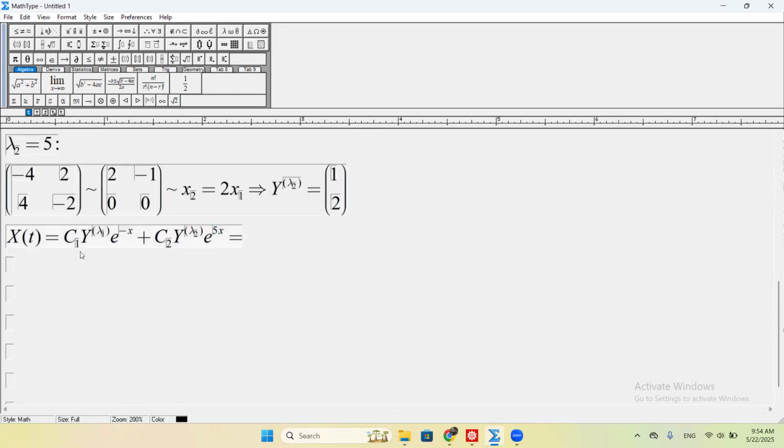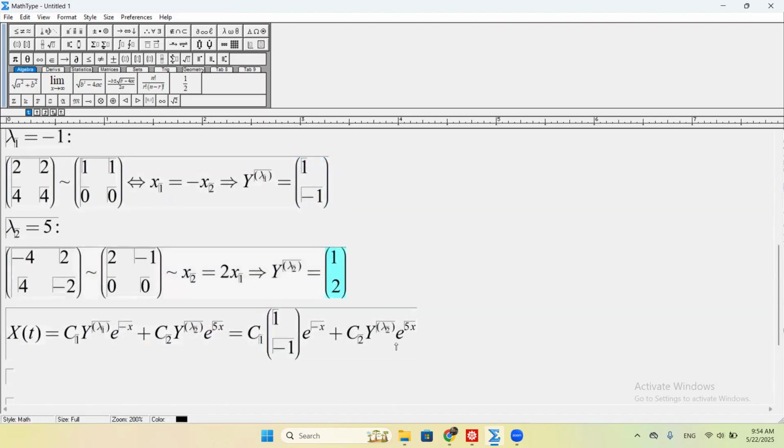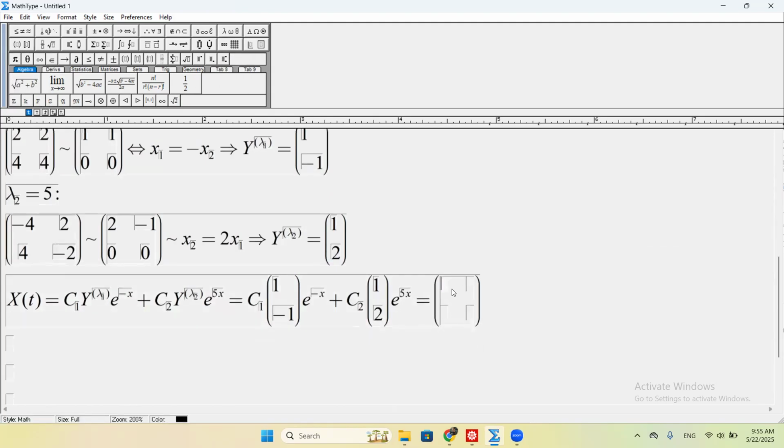So now let's write it down in detail. So substituting the vectors here. Then receiving the following matrix. Oh, it will be just one vector column.